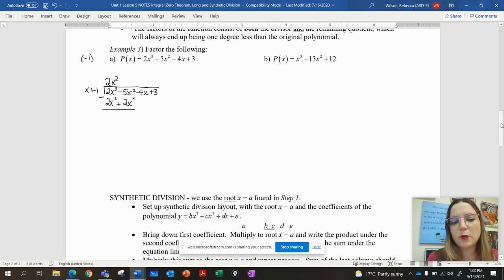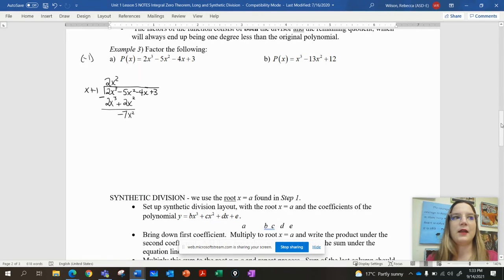So 2x cubed minus 2x cubed is 0. That's good, that's what we want. Negative 5x squared minus 2x squared is negative 7x squared. So far?